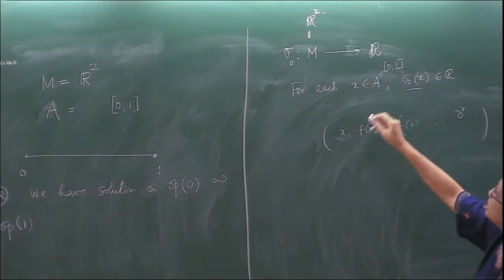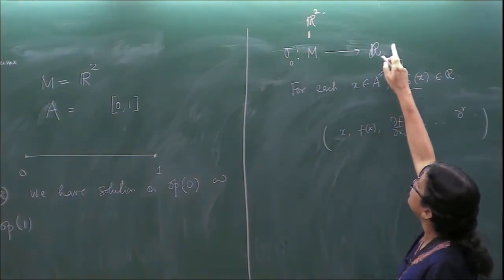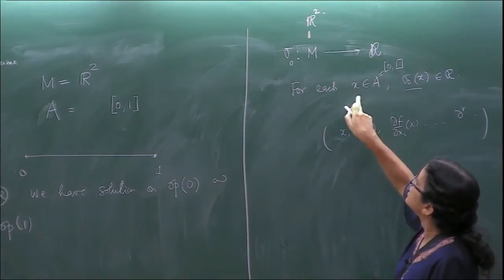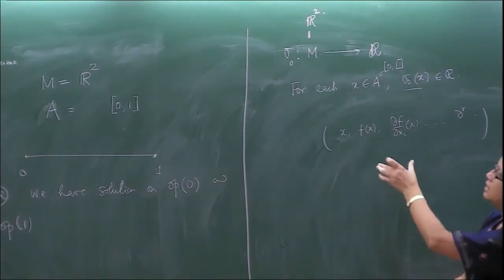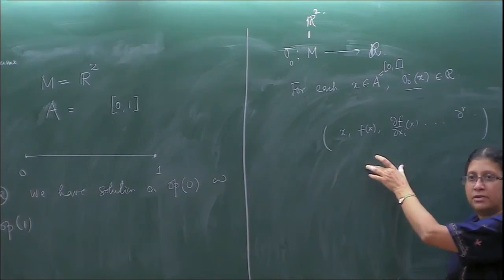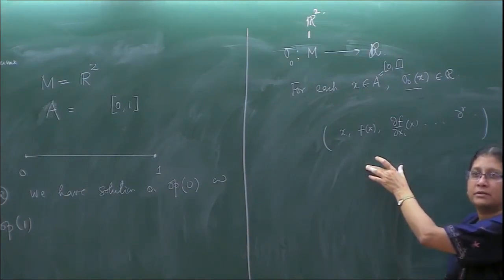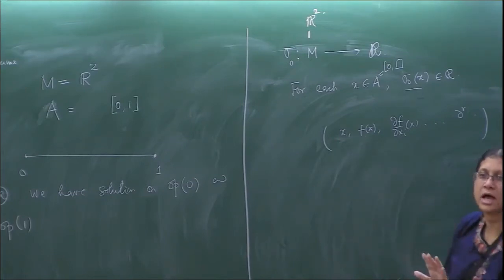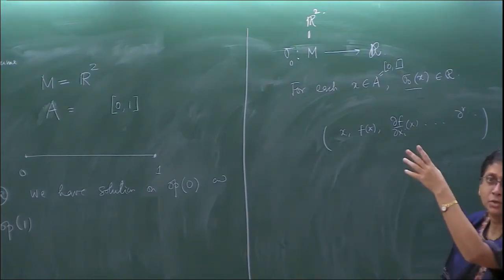So now you know that sigma naught is a continuous section. For each x, you are choosing your representative in a unique manner, right? Because now everything is happening in R n, particularly R2.